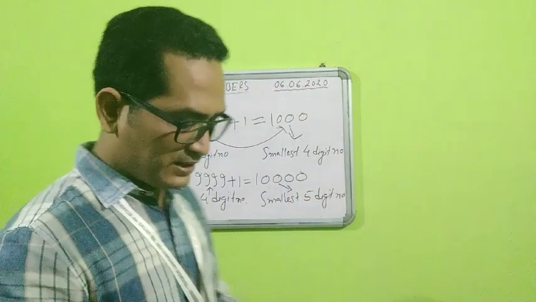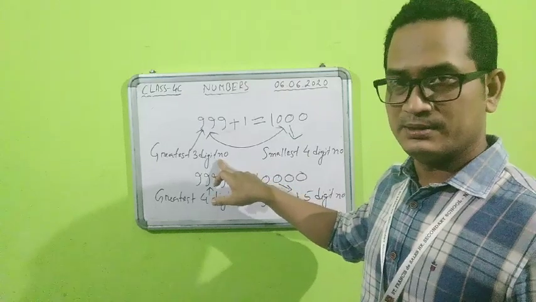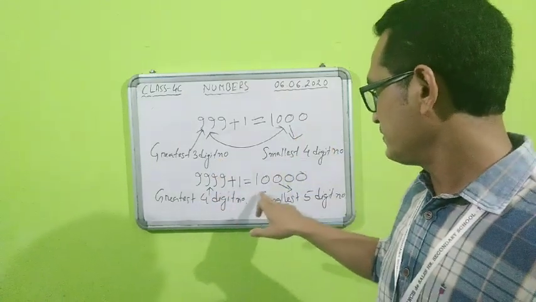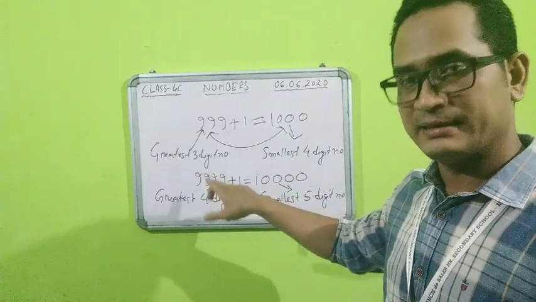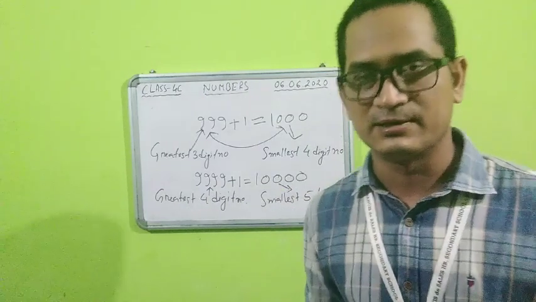So students, you can say the successor of the greatest 3-digit number is the smallest 4-digit number, and the successor of the greatest 4-digit number, that is 9999, is the smallest 5-digit number, that is 10,000.